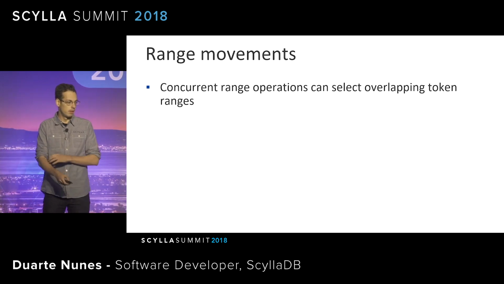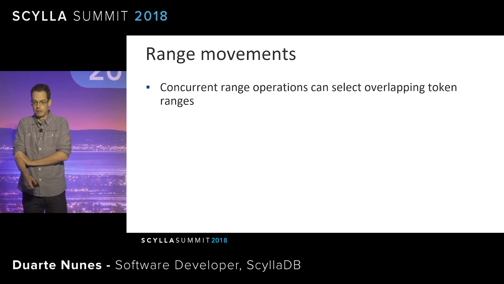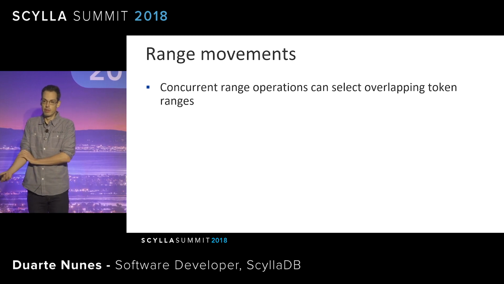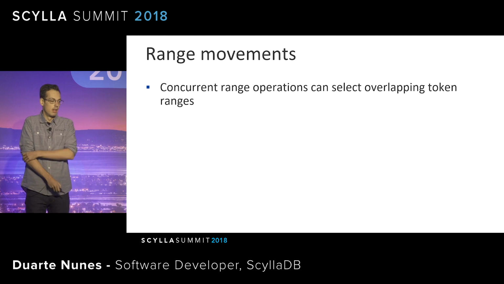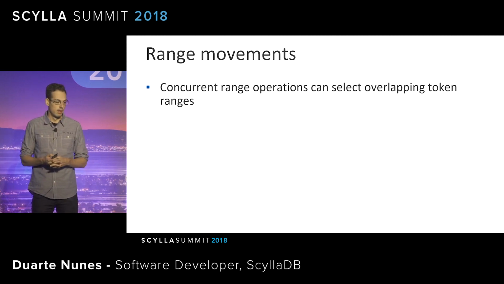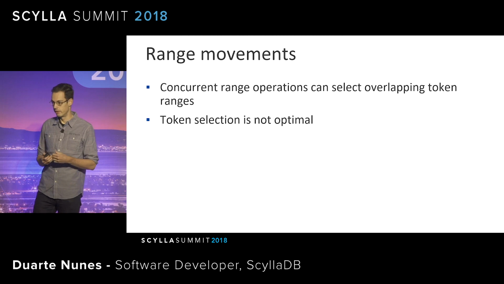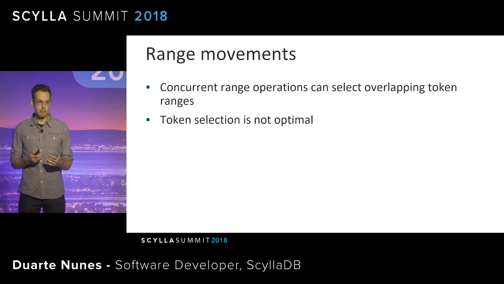Another issue is range movements. So today, concurrent node movements, concurrent range operations are discouraged. You typically have to add one node at a time because overlapping ranges can be selected, and you end up wasting a lot of work. Related to this, token selection is not optimal, it's kind of random.